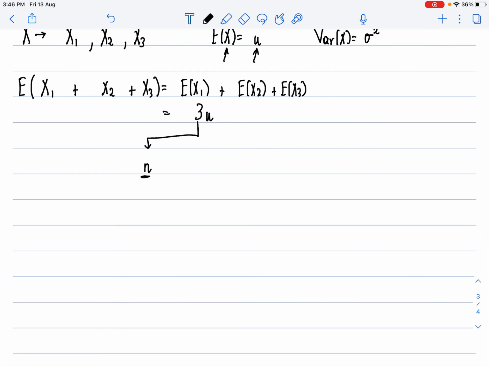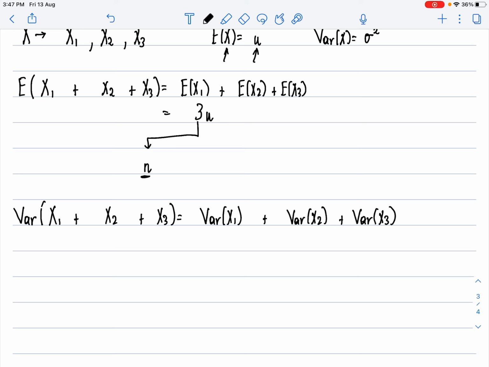Now comes the variance, which is important to understand. The variance of x1 plus x2 plus x3 is equal to the variance of x1 plus the variance of x2 plus the variance of x3.